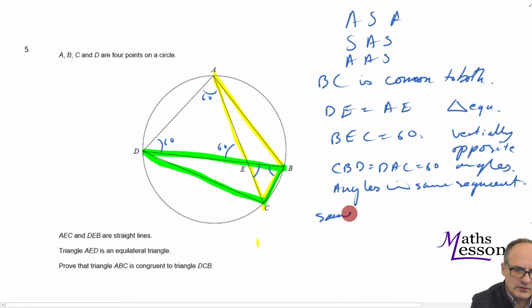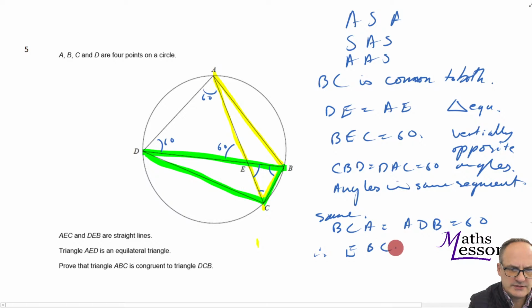Same if we're doing BCE, BCA. BCA equals ADB. So therefore, EBC is an equilateral triangle.